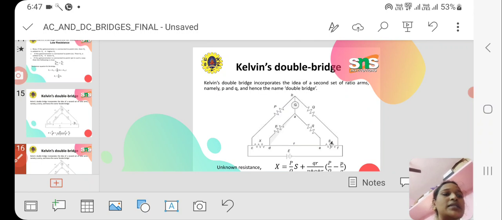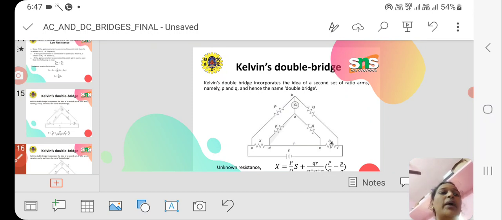So under balance condition, there is no current through the galvanometer, which means the voltage drop between the terminals A and B, that is capital EAB, is equal to the voltage drop between the terminals A and C, which is EAMD.